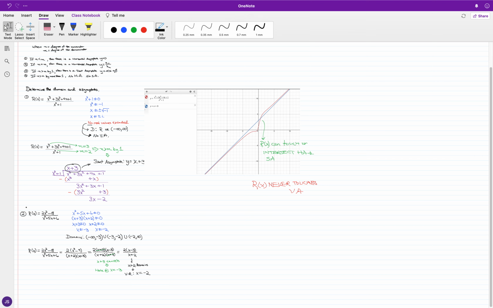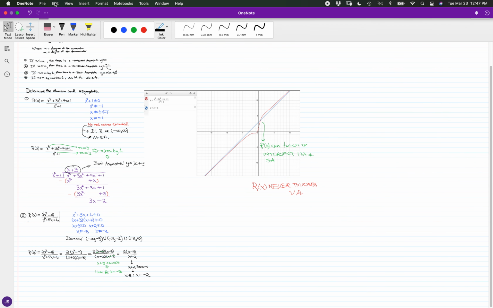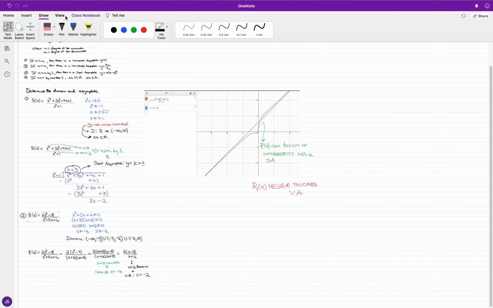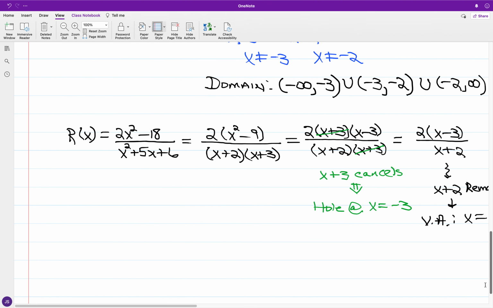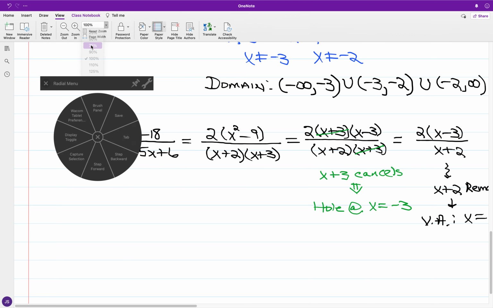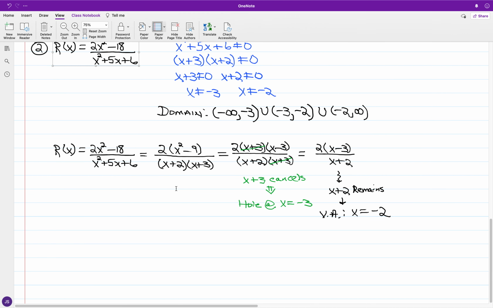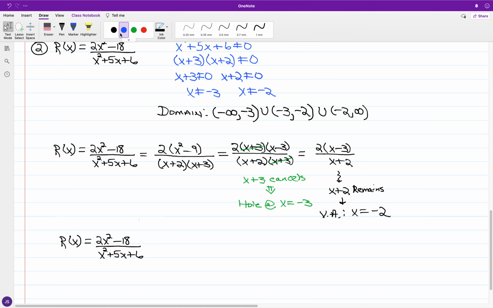And just looking at what we have regarding the degree comparison. So in this setup, you have a vertical asymptote at x is equal to negative 2. And for the degree comparison, in the numerator, from the 2x squared, we have the degree n equal to 2. And from the denominator, we have the term x squared, so we have m is equal to 2.